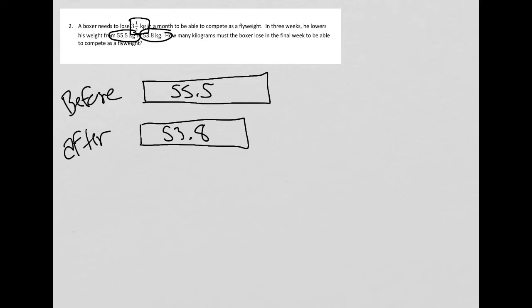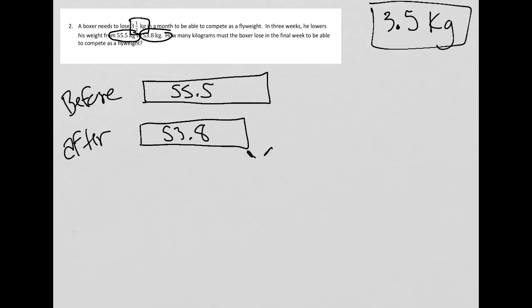How many kilograms must the boxer lose in the final week to be able to compete as a flyweight? Well, I know in total he has to lose 3.5 kilograms, or because we're talking about decimals here, I can say 3.5. He has to lose 3.5 kilograms is what he needs to lose.